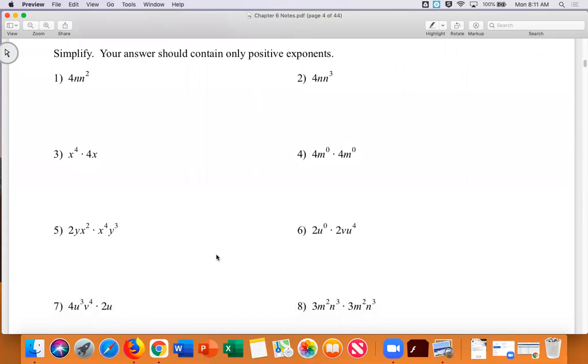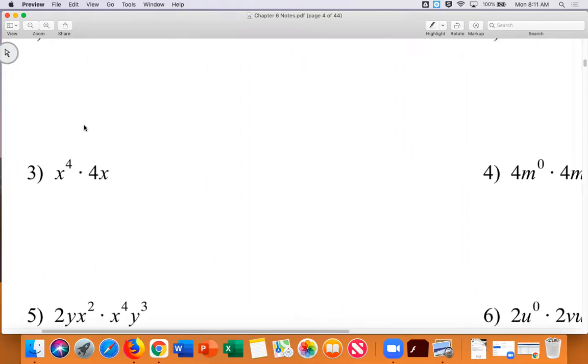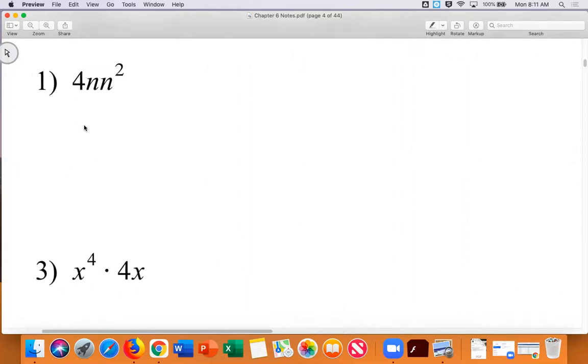So if we're looking at this page, let's zoom in on question number 1. Jordan, with question number 1, there's two things going on, right? We have numbers, which is 4, and then we have n's, agreed? Now, with numbers, if I have more than one number, I would just do that operation. If it was multiplication, I would just multiply the numbers.